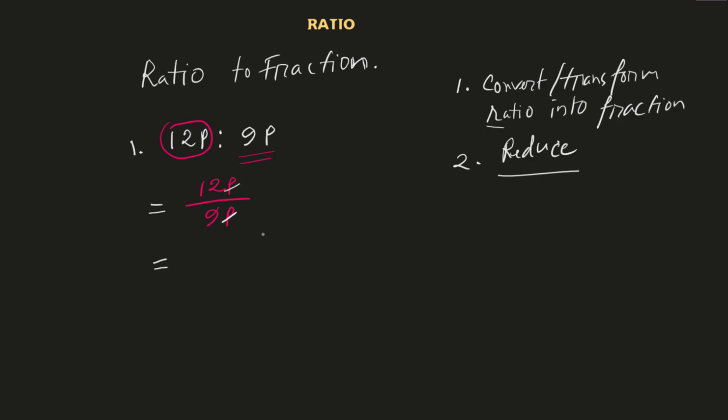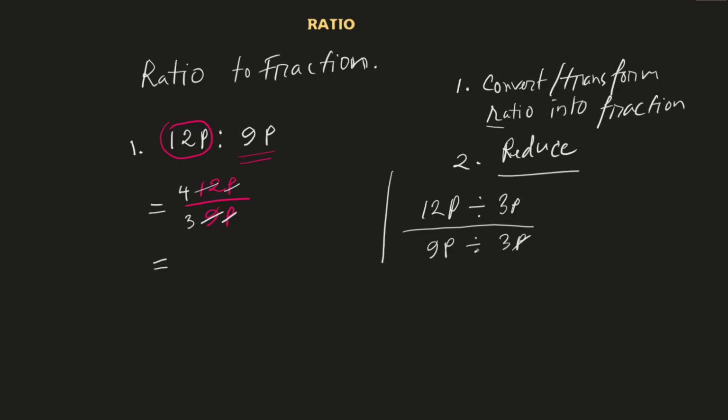And how are we reducing? We are basically dividing, right? So we can divide using 3 3s are 9 and 3 4s are 12. If you don't understand, it looks something like this: 12p divided by 3p, and also 9p divided by 3p.